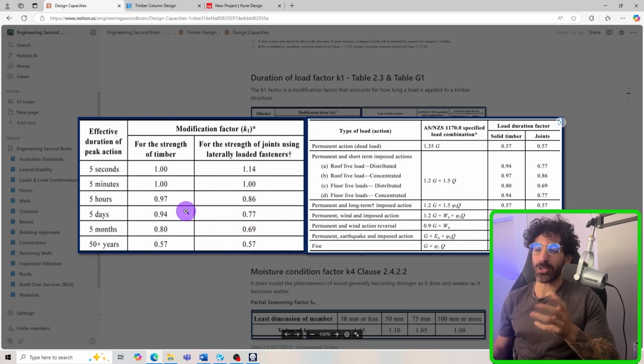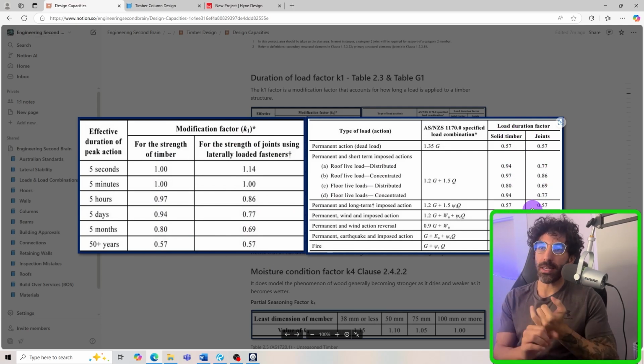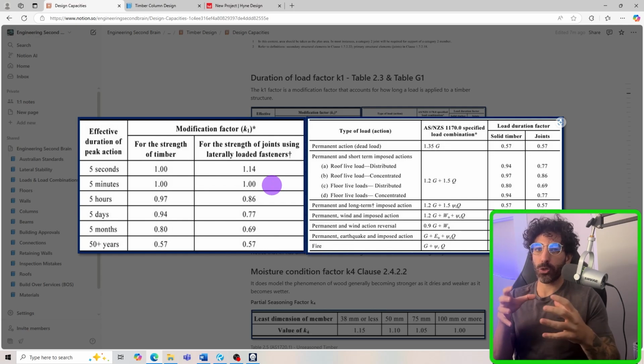And again, as you can tell, we've got two columns for the K1 factor. One is for the strength of the timber, and one is for the connections, for the joints. So there are different values. When you're designing a connection, you look at the second column, and when you're designing the actual timber member, you look at the first column.